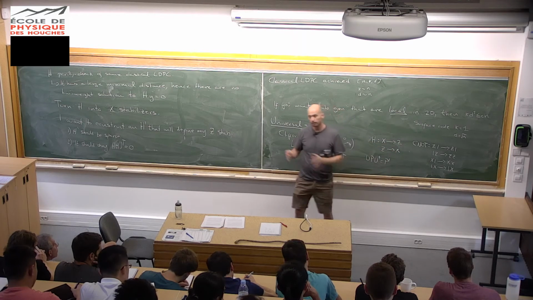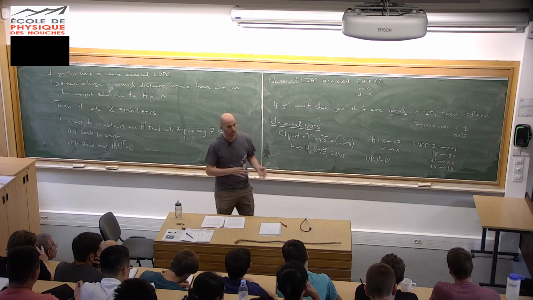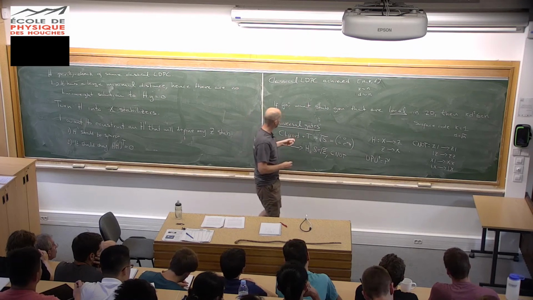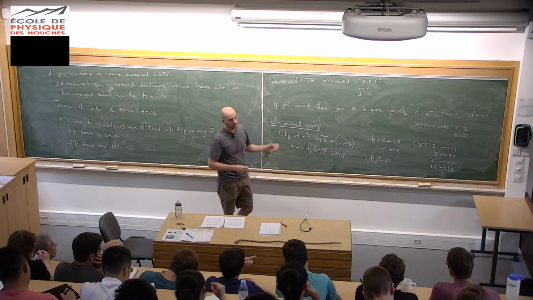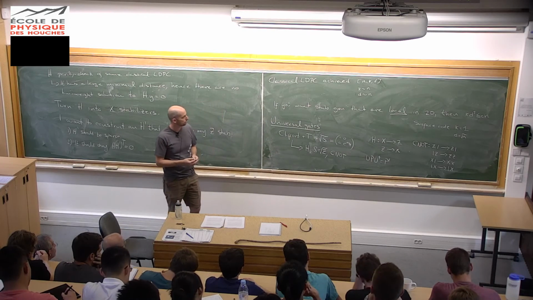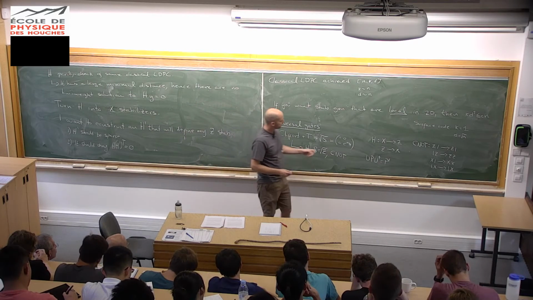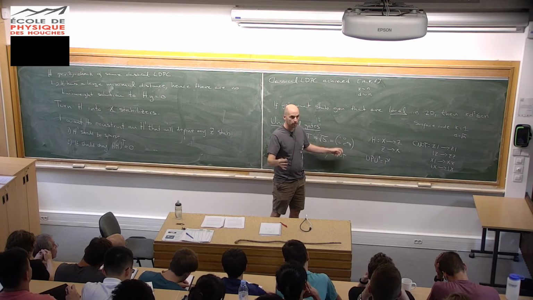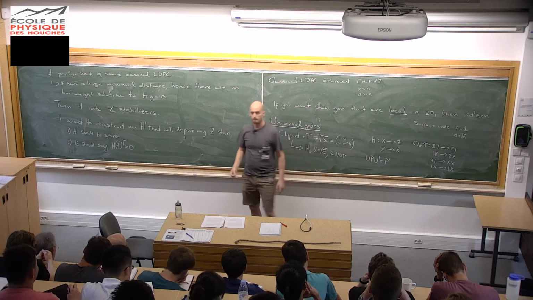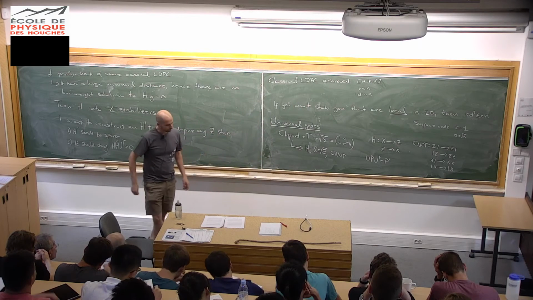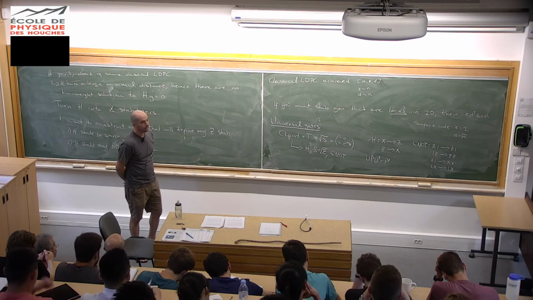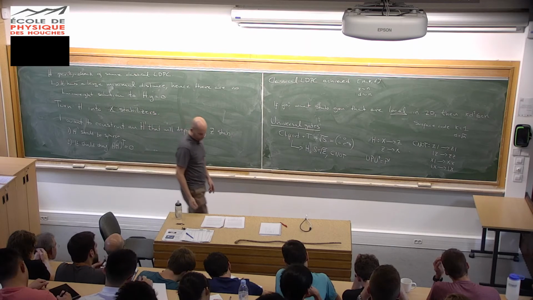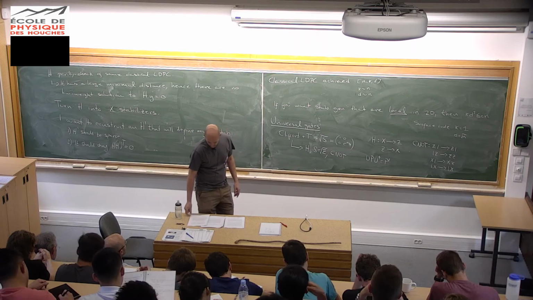Not every gate transforms a Pauli matrix into another Pauli matrix, and this is the definition of the Clifford group. It's a set of transformations that map Paulis to Paulis. You can check explicitly that this does not map a Pauli matrix to a Pauli matrix. It maps it to something else. Okay?